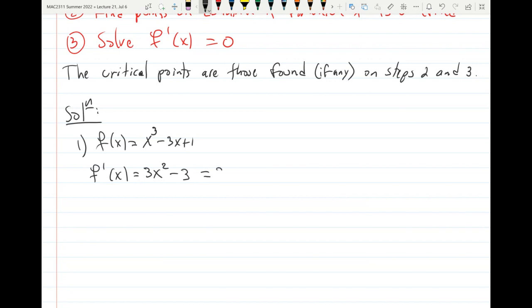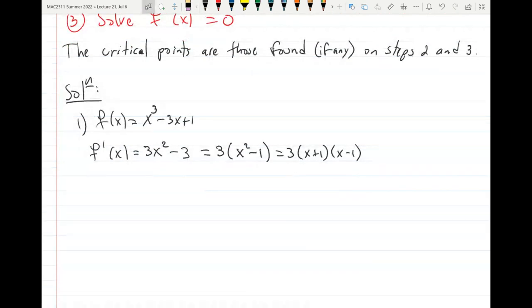In this case, we can do that. It would be 3 times x squared minus 1, which is x plus 1 times x minus 1. Now we have the derivative factored, so we are ready to read out the information. The first thing is to figure out when the derivative is undefined.